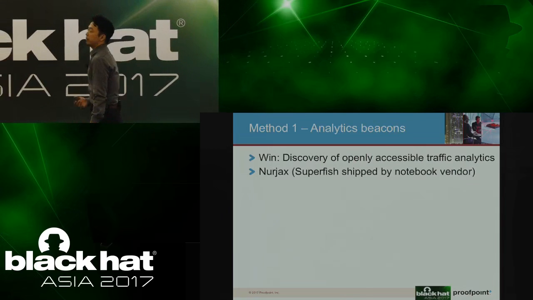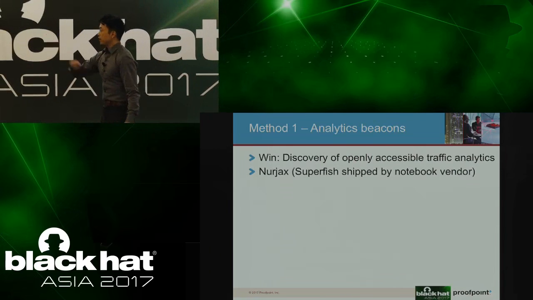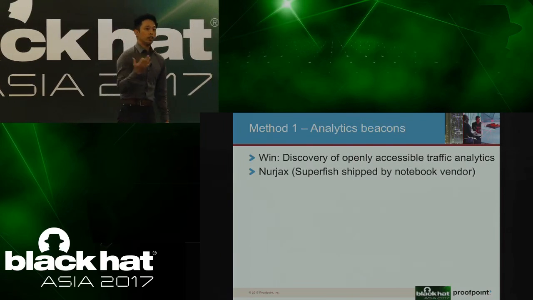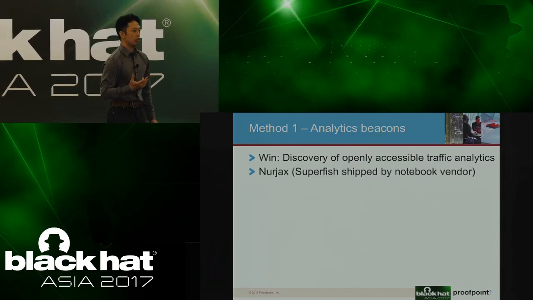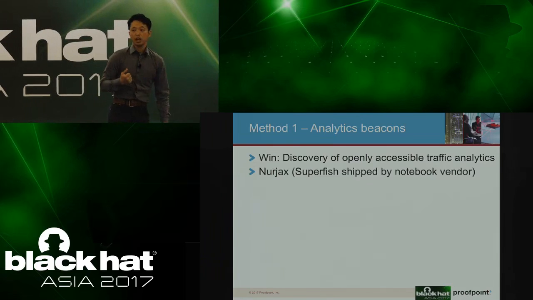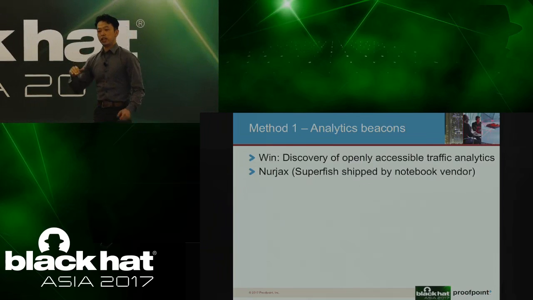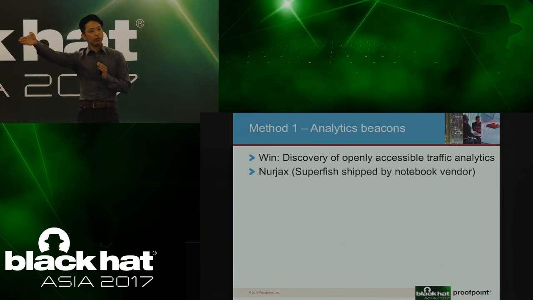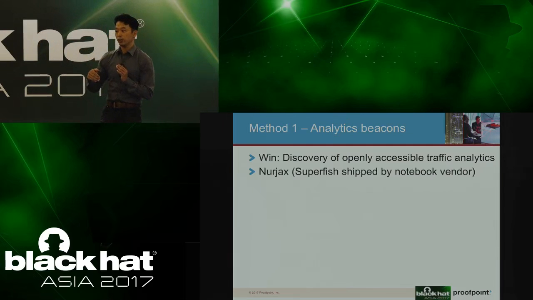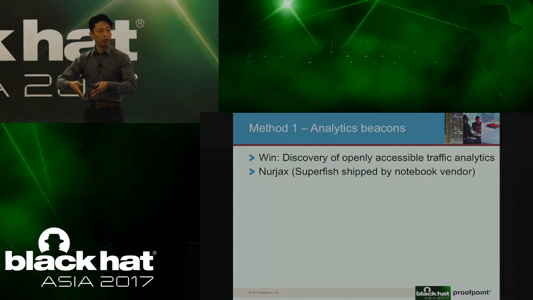Method one, analytics beacons. Some of the command and control URLs, or C2 URLs, that you have in your hands will be analytics beacons from the malware. When malware calls home, it will link to its command and control panel or command and control server to upload stolen data and also to retrieve further commands to execute on the infected endpoint.